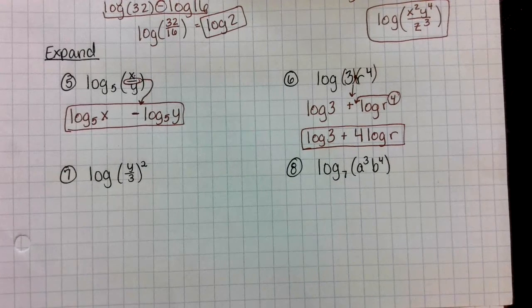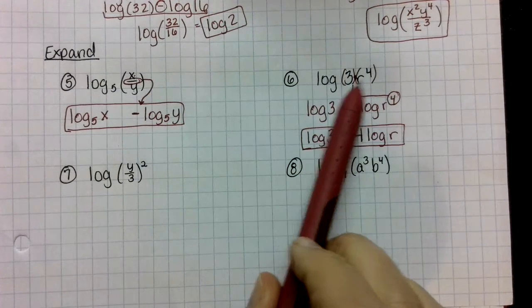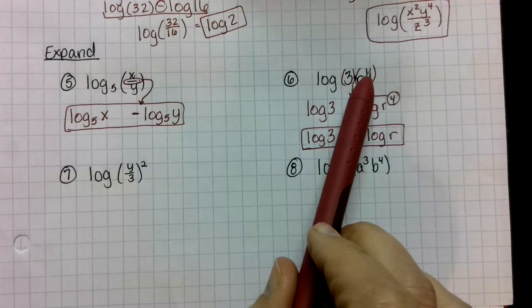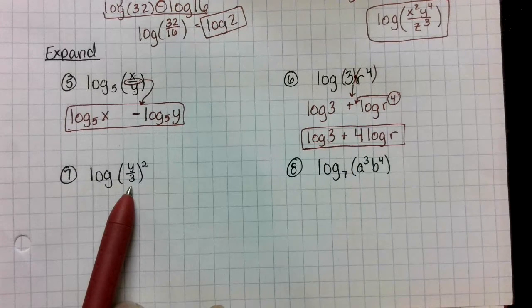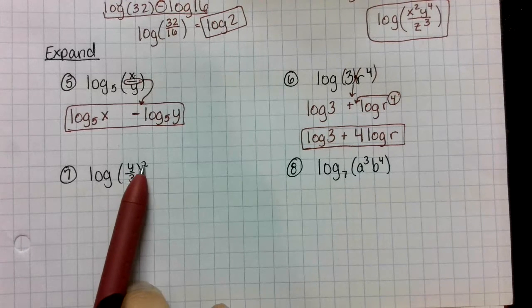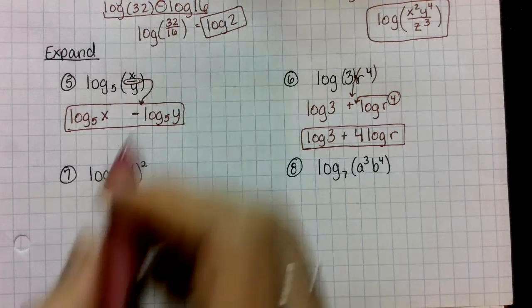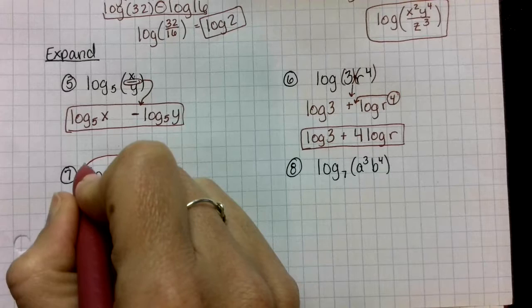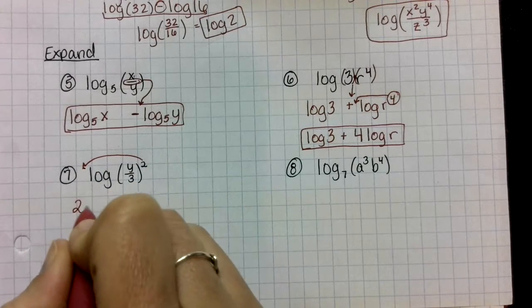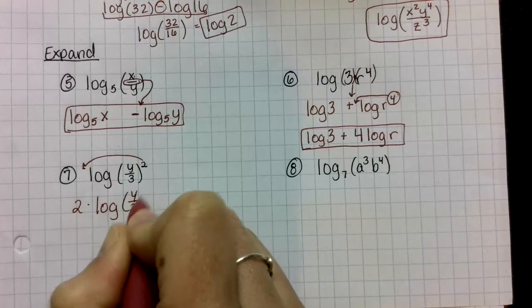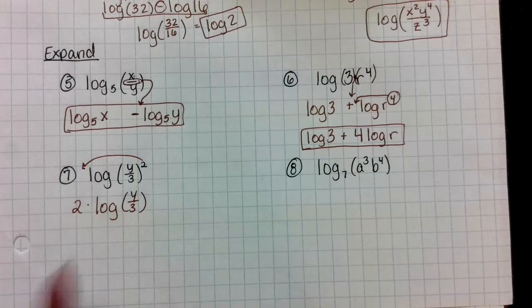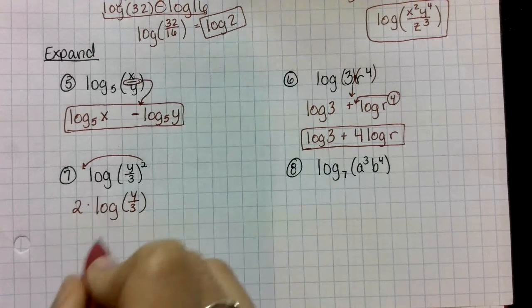Now, number 7 is a little bit different because you notice here I had 2 separate things. The exponent was only attached to the r. Here, I have the whole group in parentheses with the exponent outside the group. So this is one that you could actually move the 2 out to the front. Okay, so it's 2 times this whole thing.